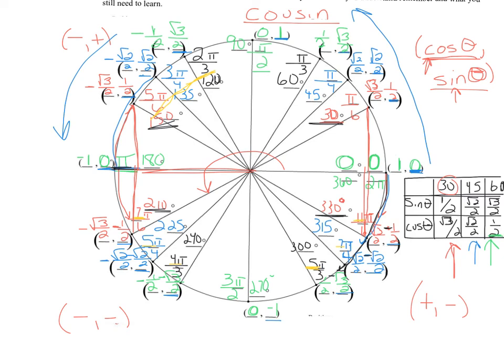As I go around here for my x's, they start out larger and they're counting back. So basically I end up with 1, radical 3 over 2, radical 2 over 2, 1 over 2, 0, and then they come back around down here, back to 1. Okay, so you can think directionally around the circle as well.